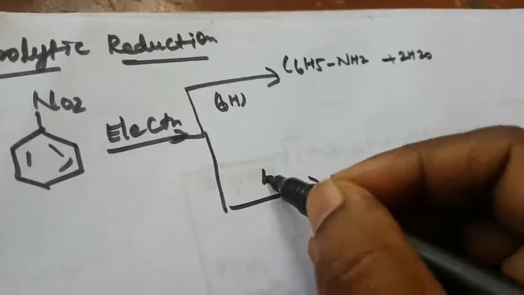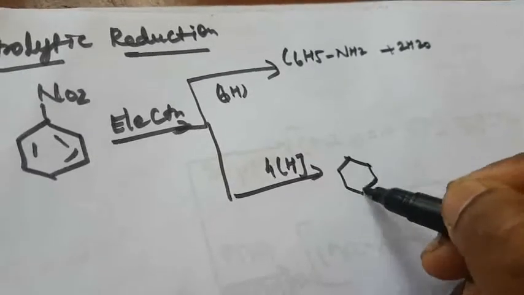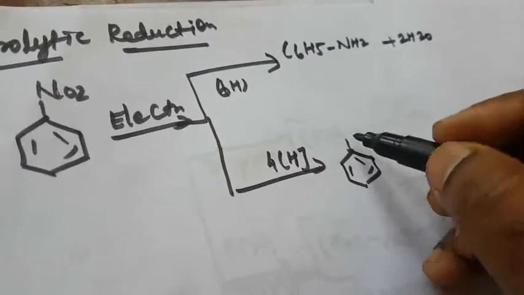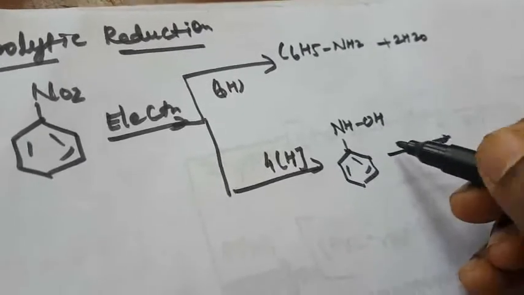Again, reduction gives phenyl-hydroxylamine, C6H5NHOH. Phenyl-hydroxylamine rearranges.